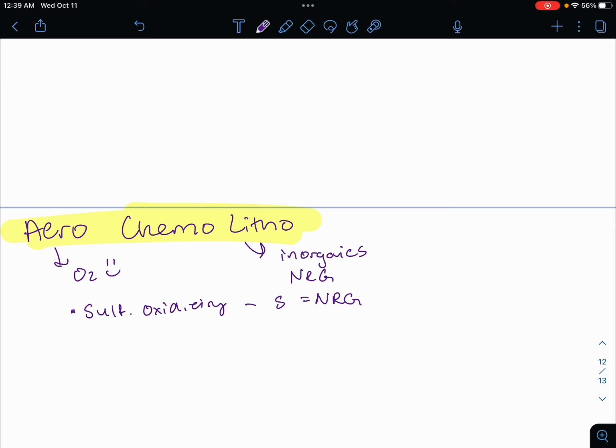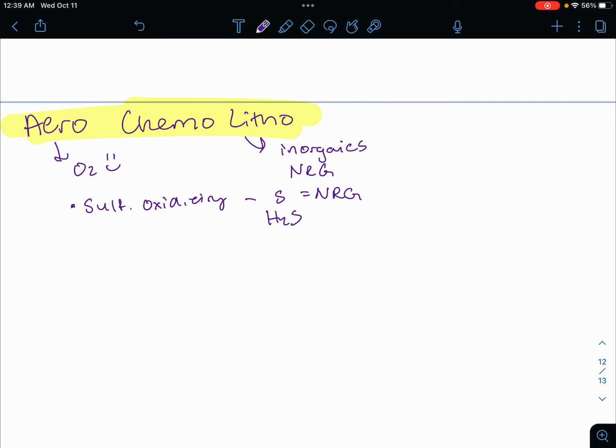Energy from oxidation of sulfur compounds, such as H2S or thiosulfate. I'm going to just put H2S underneath there. Again, sulfur cycle: these will help in the recycling of this nutrient for other uses. We have filamentous as well as unicellular lifestyles.